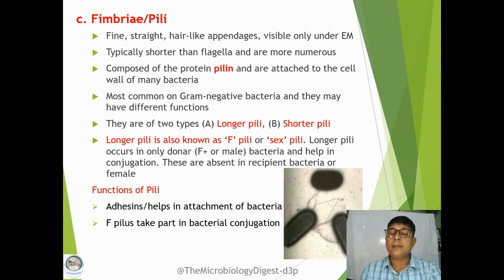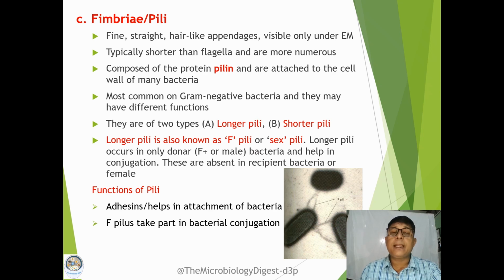In bacteria, we may encounter two different types of pili. Type 1 is the longer pili, and the second one is shorter pili. Those that are longer pili are said as sex pilus or sex pili.